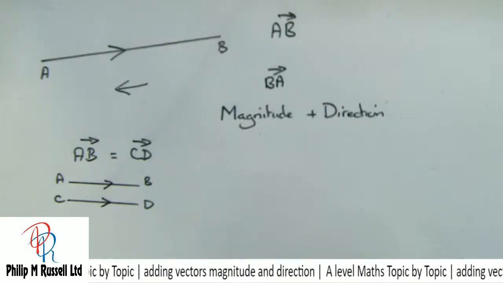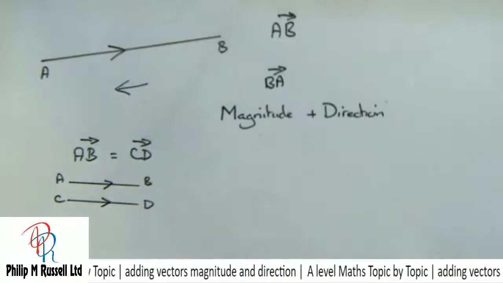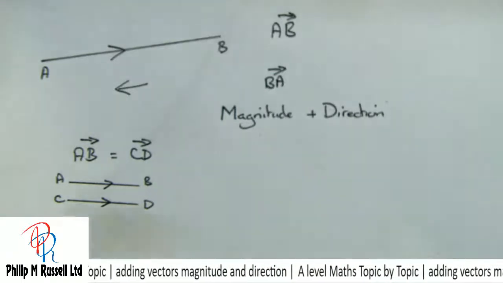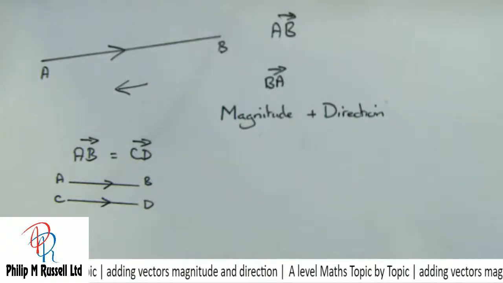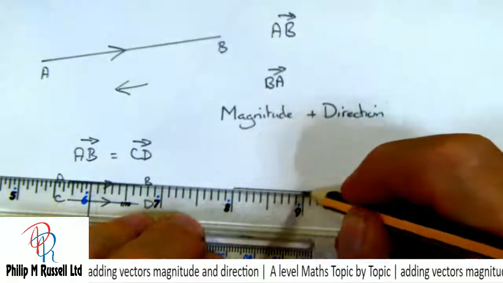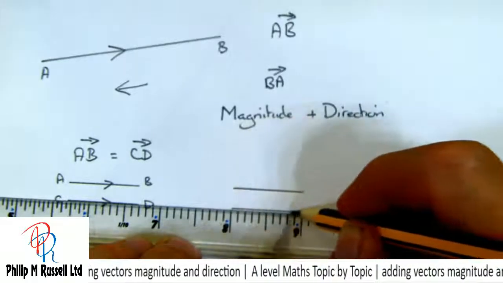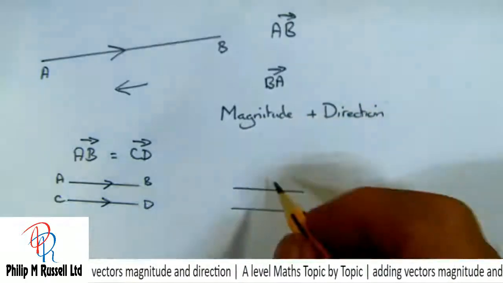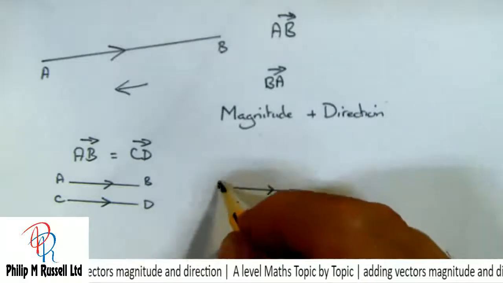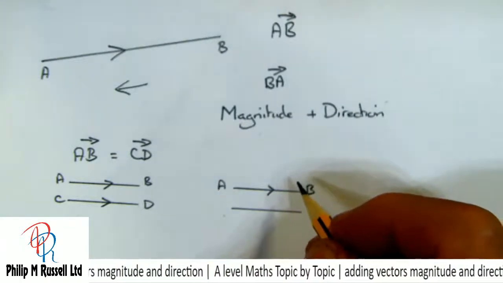If we want to, then we can talk about a vector going in the other direction. So let's have two other vectors. I've got this one, AB, going this way.